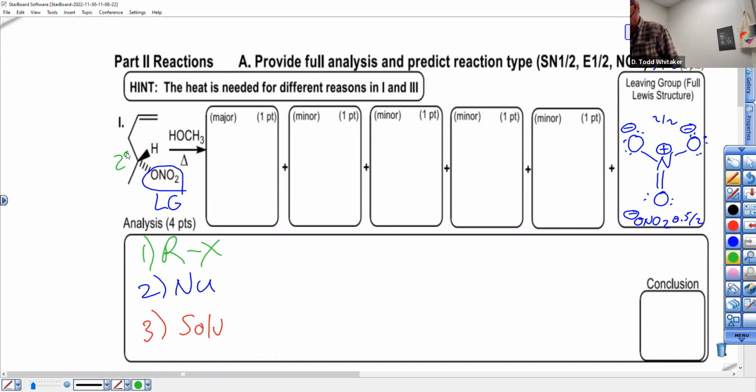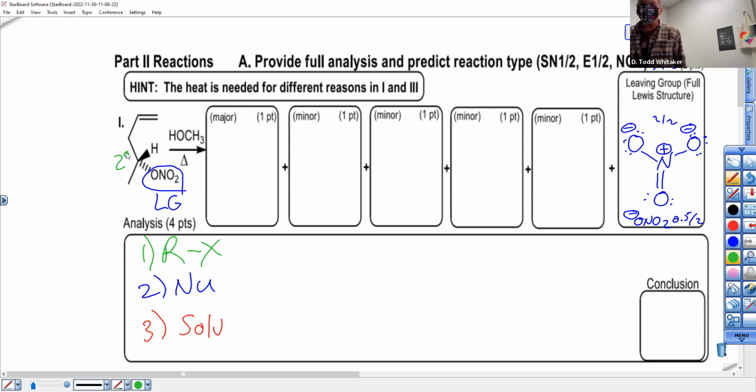As soon as you say SN1, you're going with a carbocation. Agreed? If you're going with a carbocation, you can move an H from an adjacent position to get a better secondary allylic carbocation. That should be your first thought.